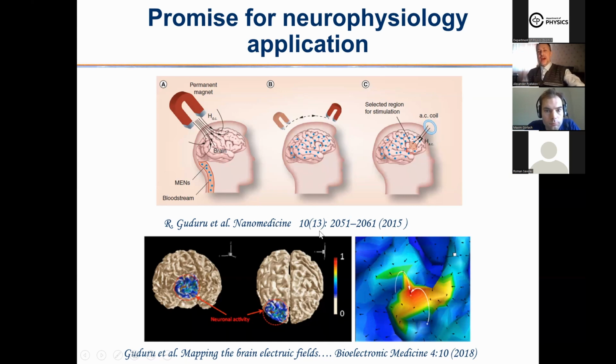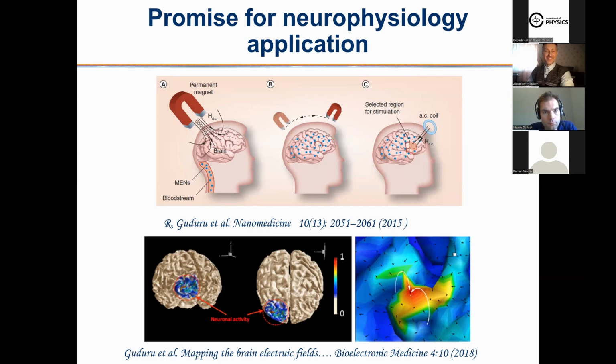And as soon as they are magnetoelectrics, the electrical activity in our brains can induce changes of the magnetic state of these particles that can be mapped with usual magnetic particle imaging means. It's just like a tomography, magnetic tomography, and vice versa. By magnetic field, you can stimulate the electrical activity of the brain.